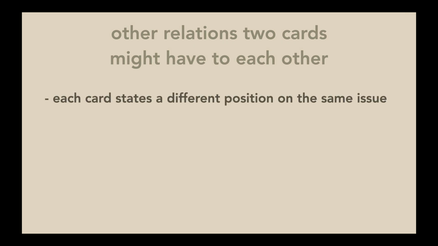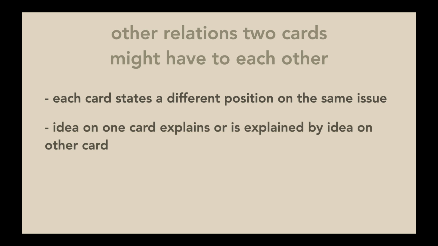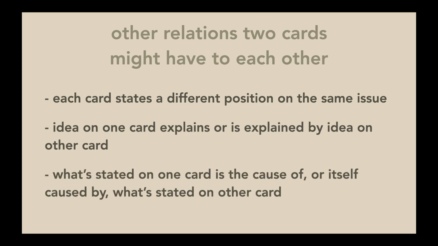For instance, an idea on one card might be similar to another in that they are about the same issue, but one of those cards could state one position on an issue and the card right next to it could state an opposing position on that issue. Or it might be that an idea on one card explains or is explained by an idea on another card. Or perhaps what's on one card represents the cause of or is itself caused by what's on another card.